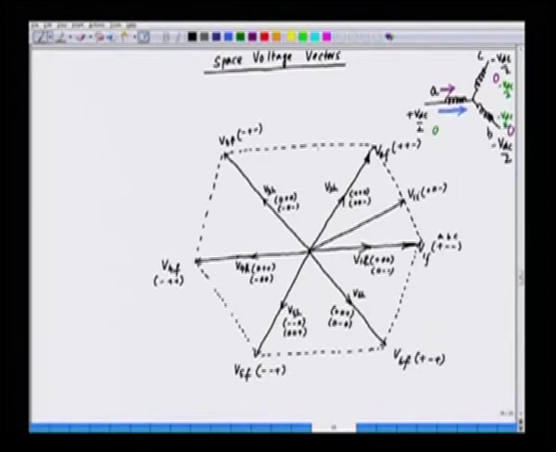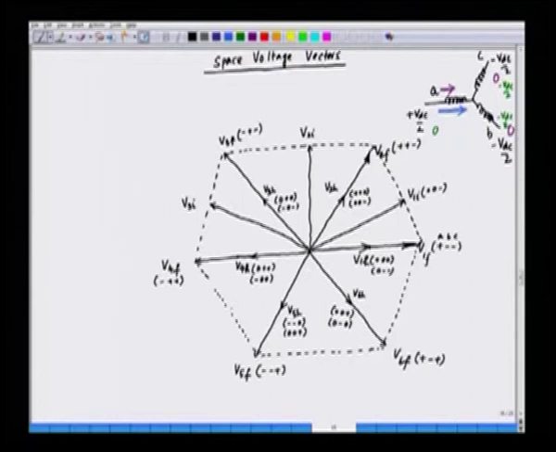Similarly, we can have an intermediate voltage vector here, and that is V2I. So, we have V2I here, and similarly we can have one vector here, that is V3I.